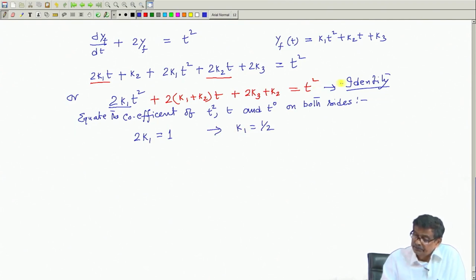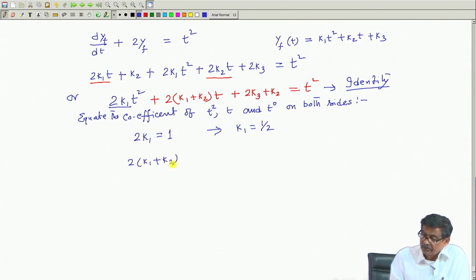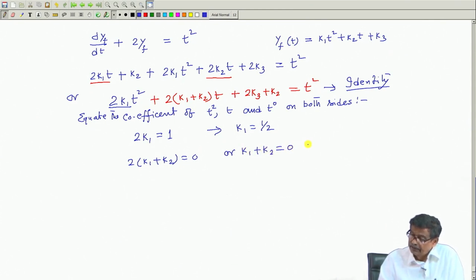There are no t terms on the right hand side, so the coefficient of t there is 0. So, I will say 2 k1 + k2 is equal to 0, or k1 + k2 is equal to 0. Therefore, k2 must be equal to minus half.